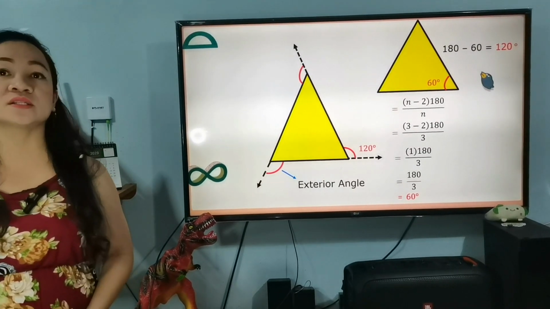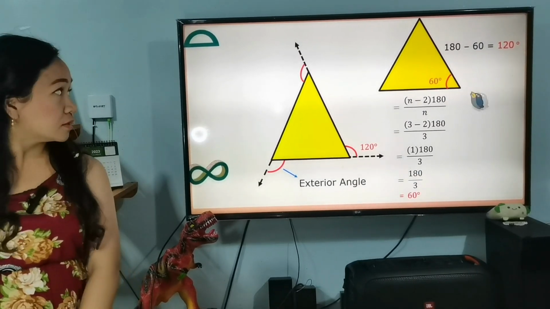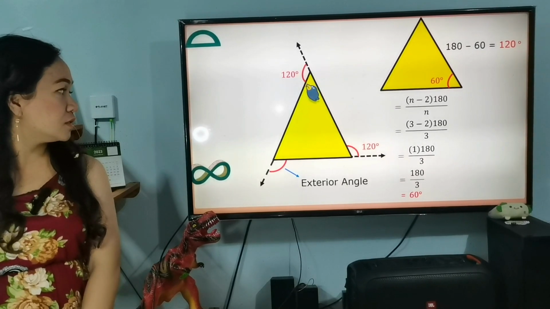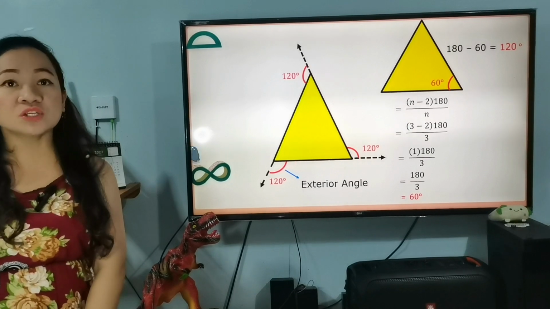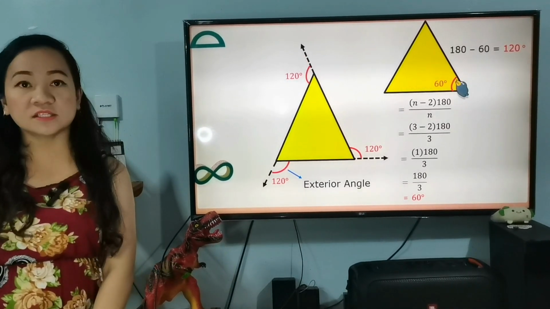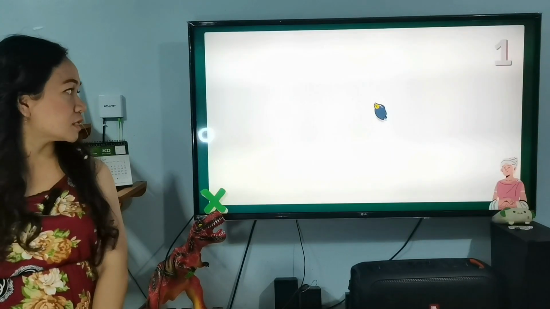Meaning our exterior angle is 120 degrees. Same also on the other angle, 120 degrees, and here 120 degrees. And the sum of all the exterior angles is equal to 360 degrees.